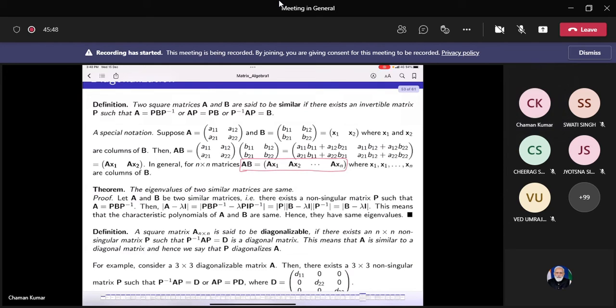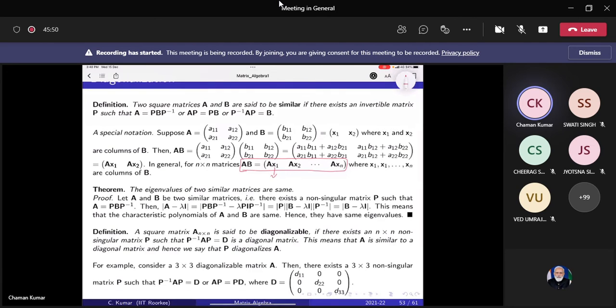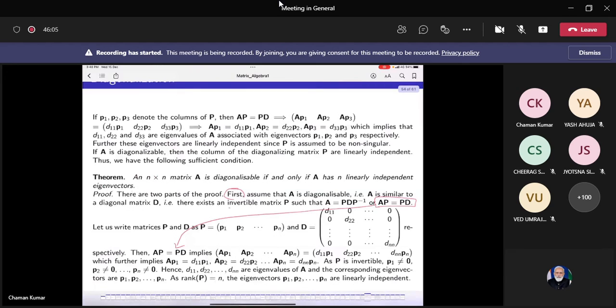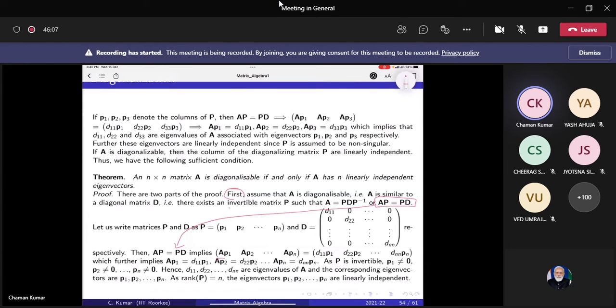So we can replace x1 by P1, x2 by P2, and xn by Pn. So you have AP1, AP2, APn. So AP can be written in this form: AP1, AP2, APn.